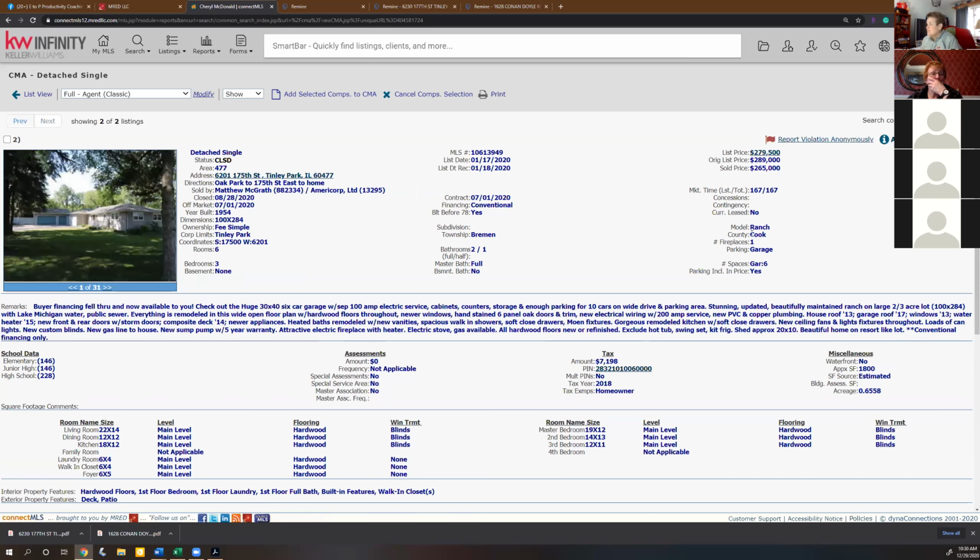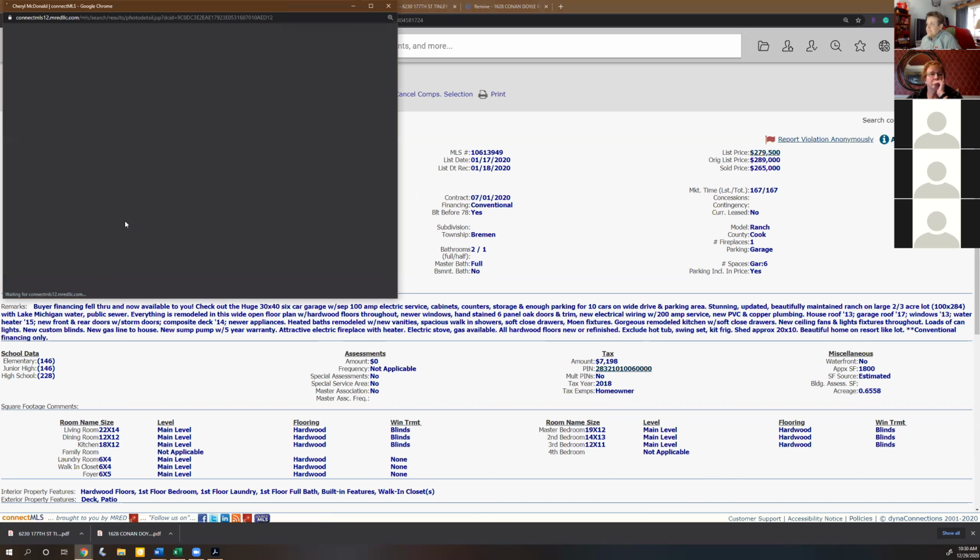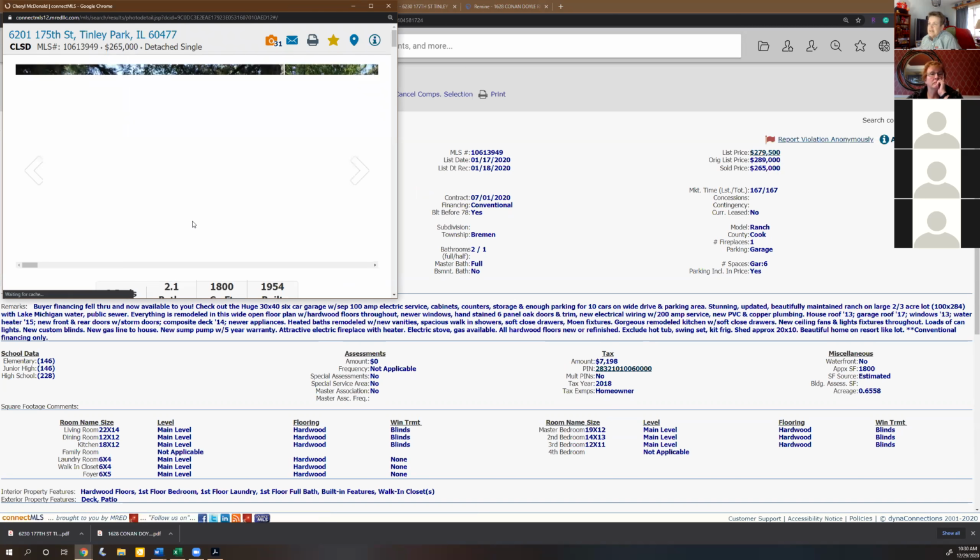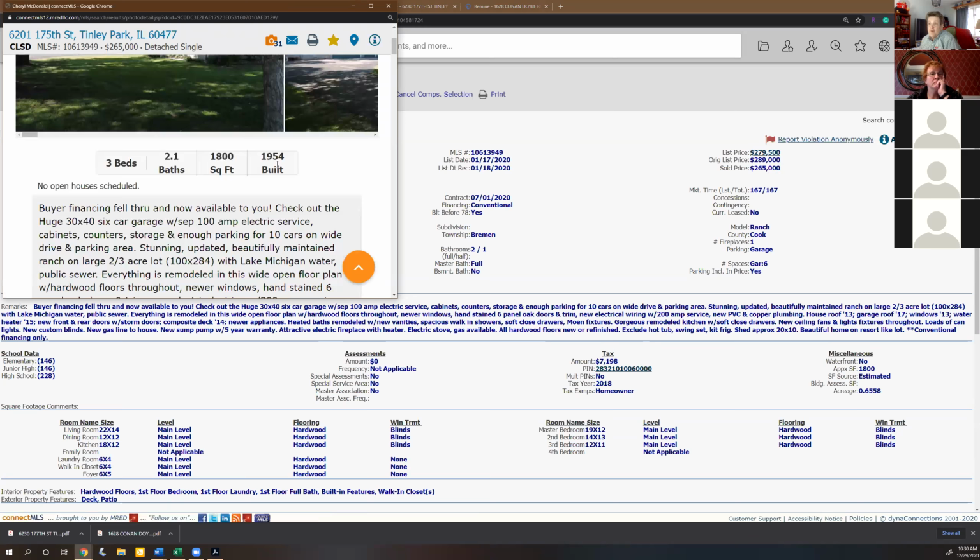Okay, here's the other one. 167 days. Original list price 289. It was listed at 279.5 when it sold, and it sold for 265. So let's take a look at it. 1,800 square feet. It was built in 54. It does have 3 beds, 2.5 baths.